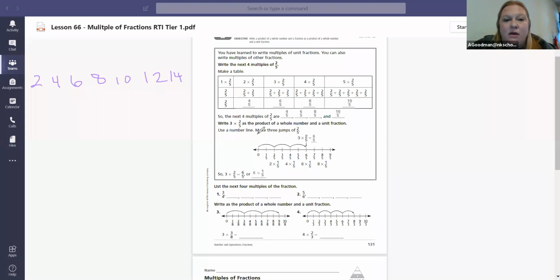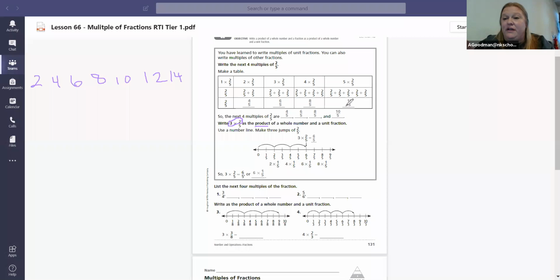So that would be 3 times 2/5 as the product, remember, multiply, of a whole number and a fraction. When we multiply a fraction times a whole number, we are only multiplying the numerator and leaving the denominator the same. And you can see why we do that in this chart up here. You do not want to multiply the denominator.